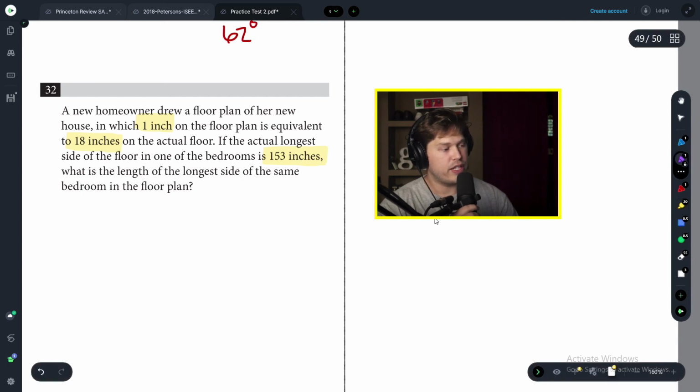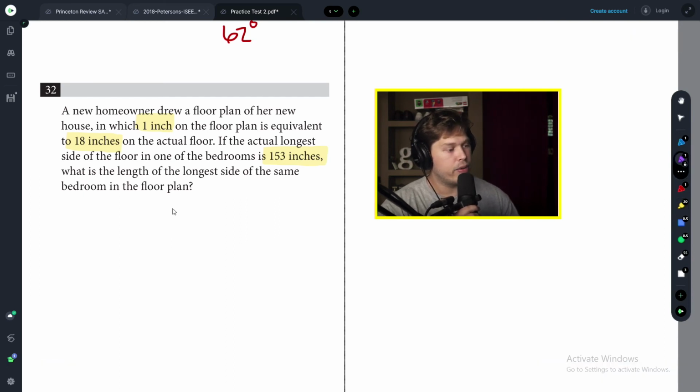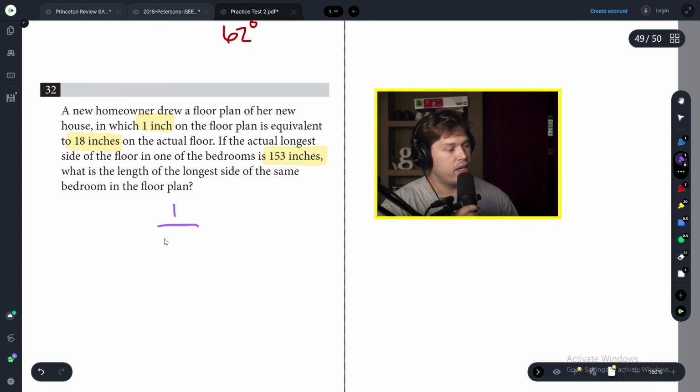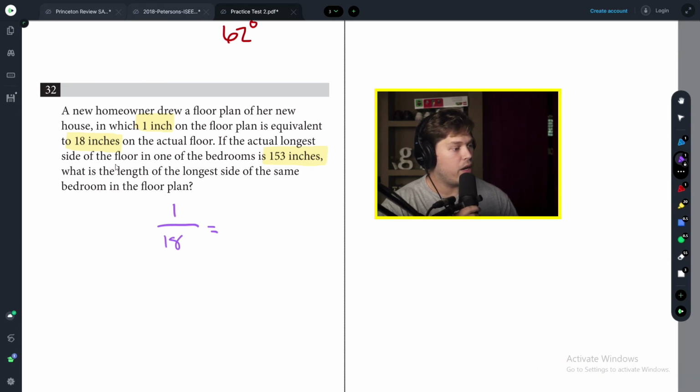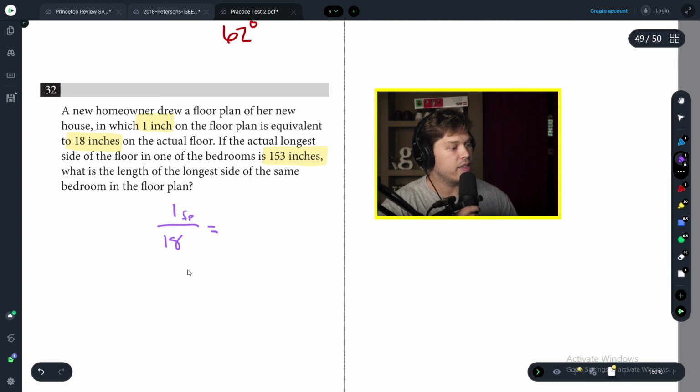So here we just need to set a proportion. So 1 inch of the floor plan is to 18 real inches. So if the bedroom is 153 real inches, how long is it on the floor plan?